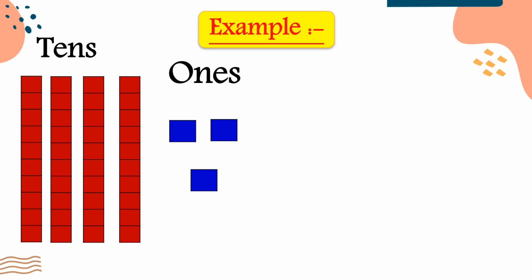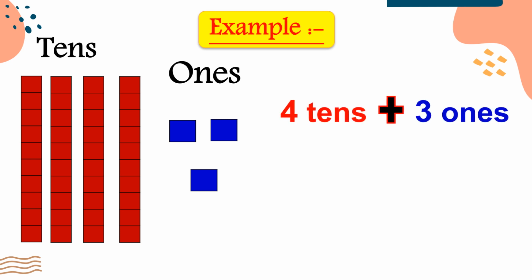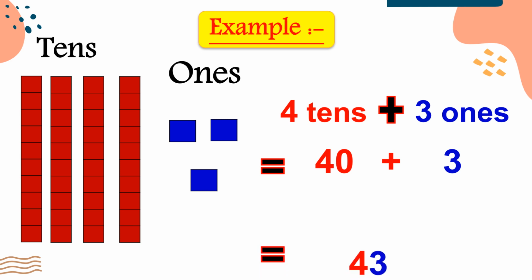The small square means ones, and the stick means tens. So that means 4 tens plus 3 ones equal what? 40 plus 3. So the answer will be 43.